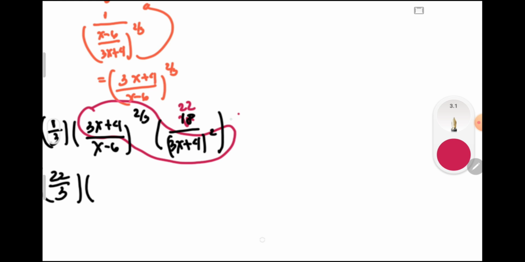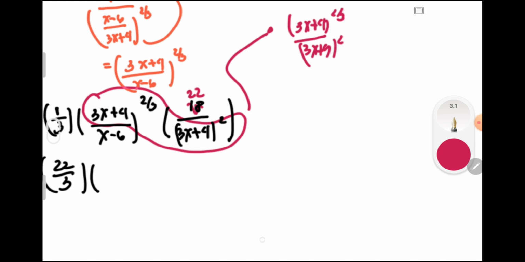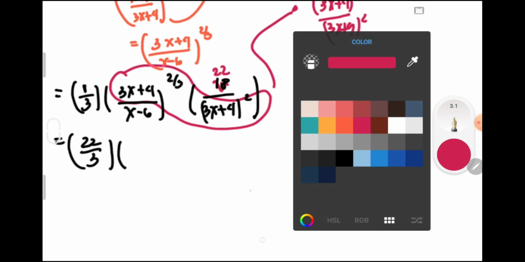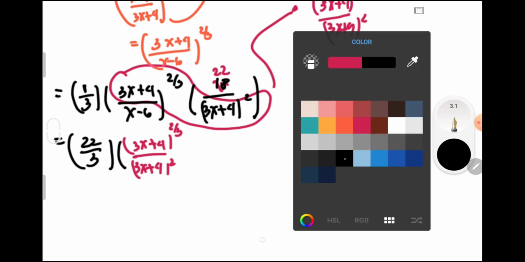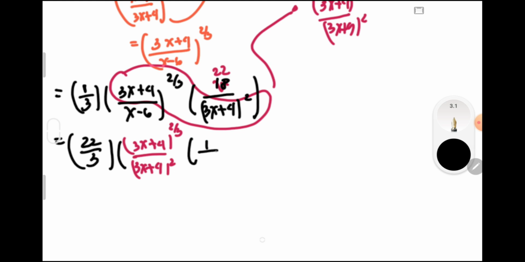So grouping that, we may say that it is 3x plus 4 all over 3x plus 4 squared, raised to 2/3. Okay, so I will write it in our equation. So we have 3x plus 4 all over 3x plus 4 squared, and this is raised to 2/3, of course multiplied by 1 all over x minus 6.